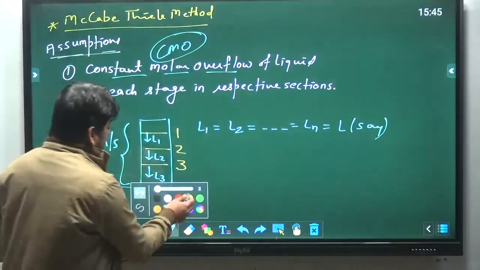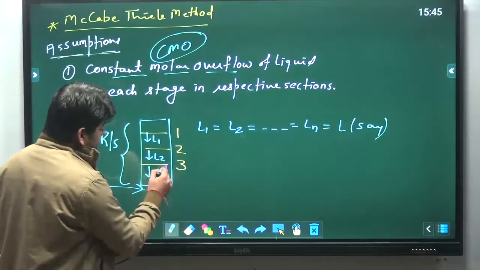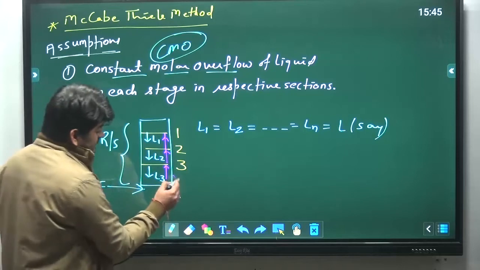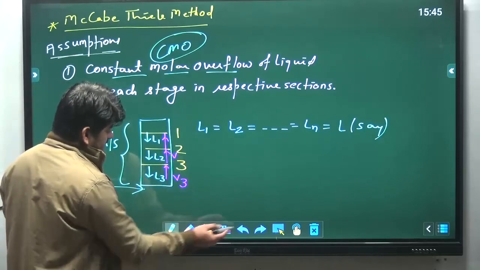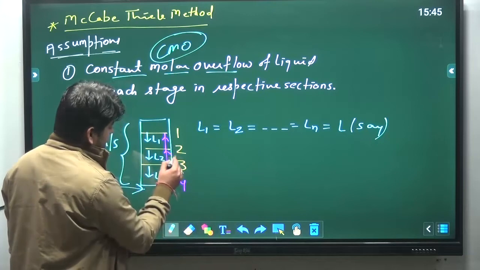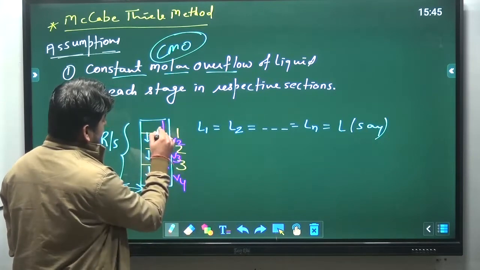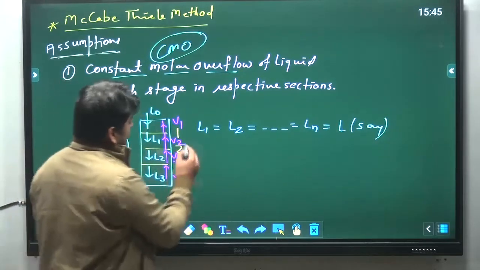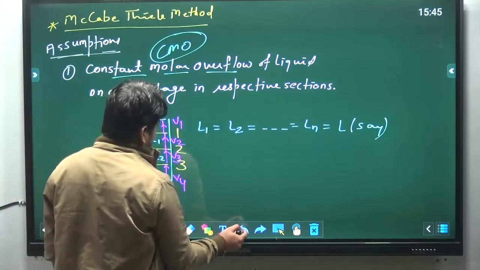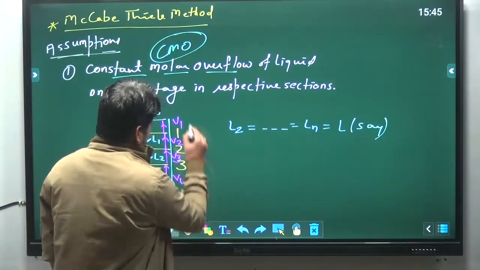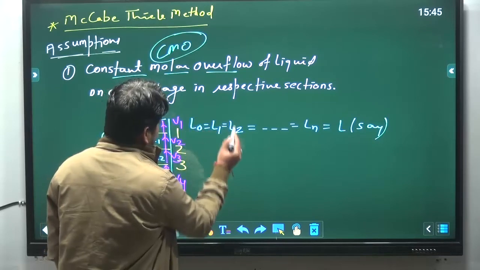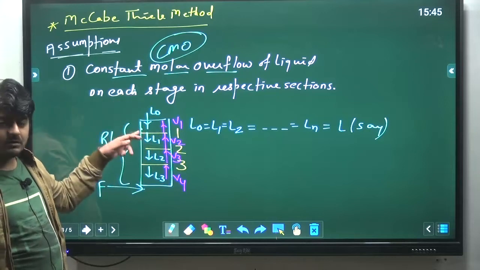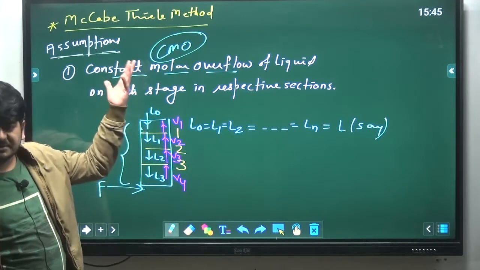Now the question is how? Because on each stage mass transfer is taking place between liquids and vapors. This is the first stage, so we can assume the liquid entering the first stage is coming from some zeroth plate.